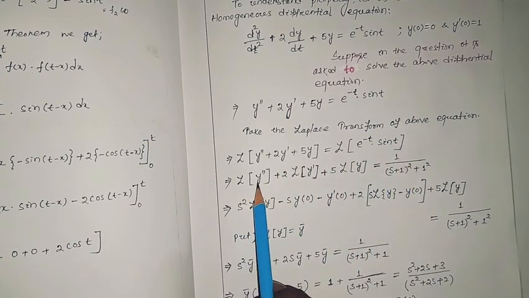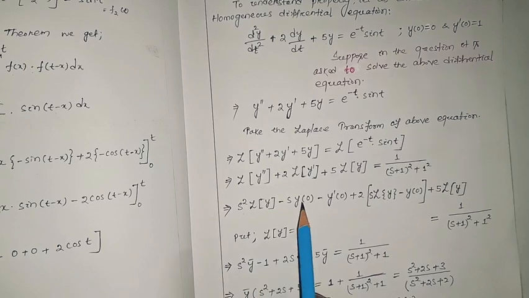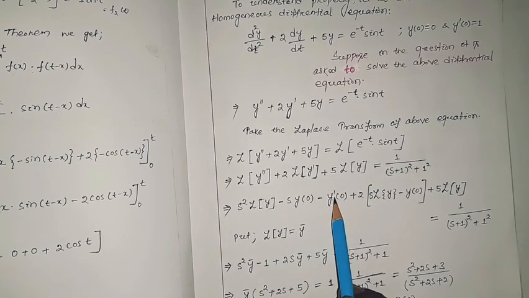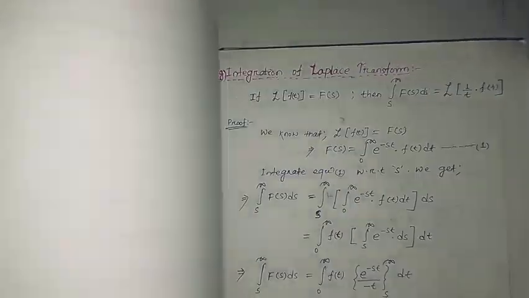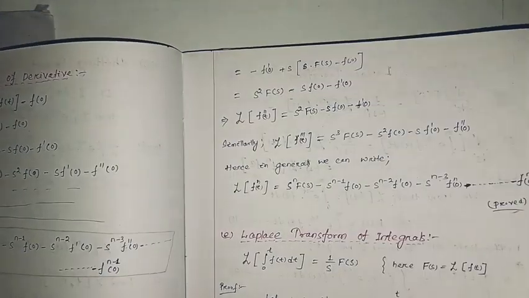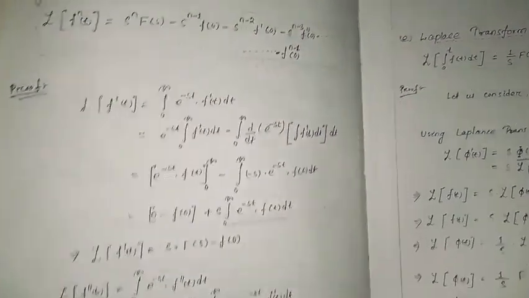The Laplace transform of the second derivative is s square Laplace transform of y minus s y(0) minus y dash (0). We have already studied these things; you may remember the Laplace transform of a derivative. You can check your notes.